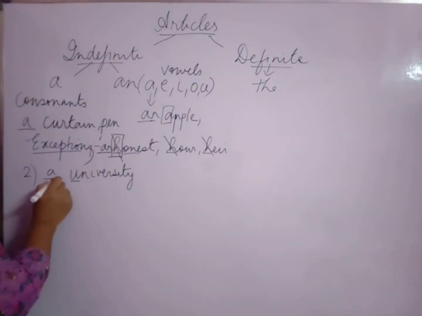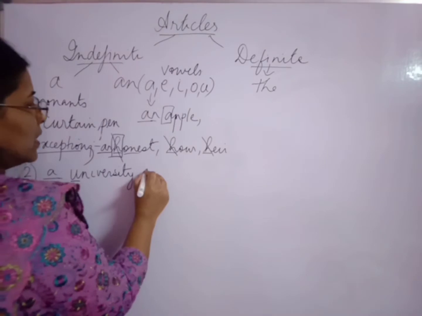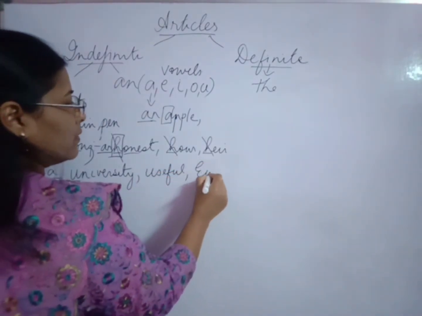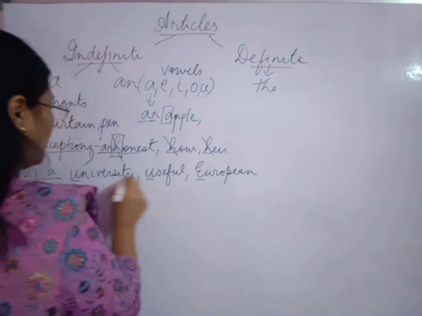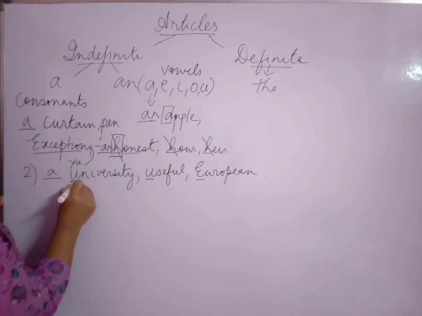So that is why we use a here. A university, a useful, a European.